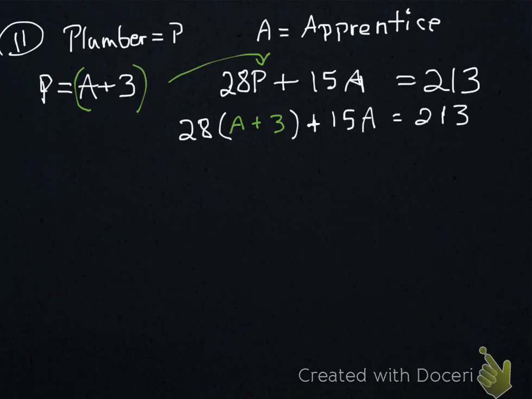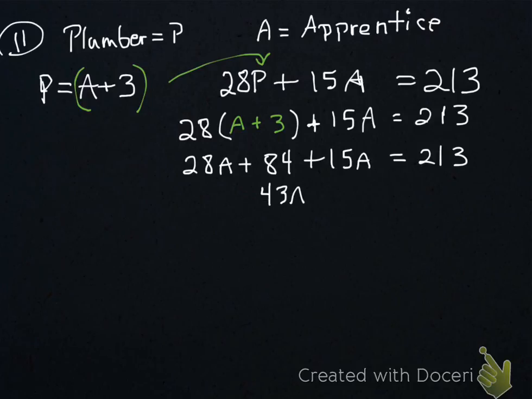What have we got? Distribute the 28. I have 28A plus 84 plus 15A equals 213. Now, what is 28 plus 15? 43. So I have 43A plus 84 equals 213. Move the 84 over, which is going to be subtraction.